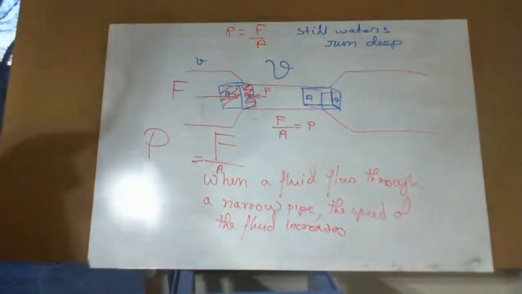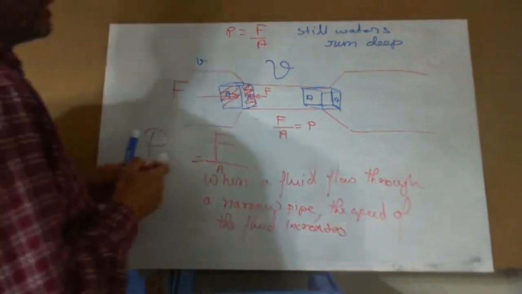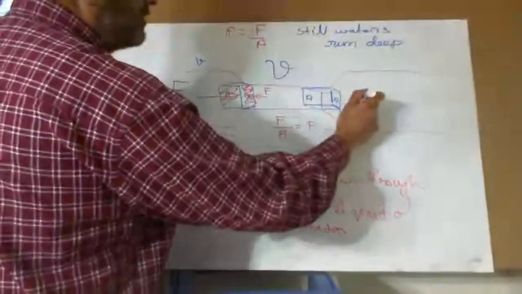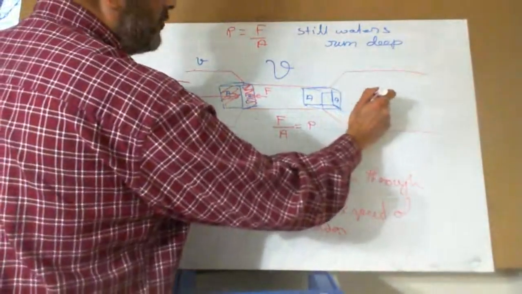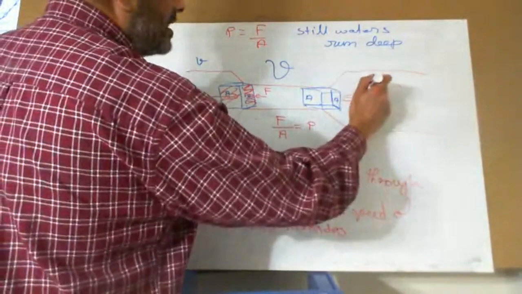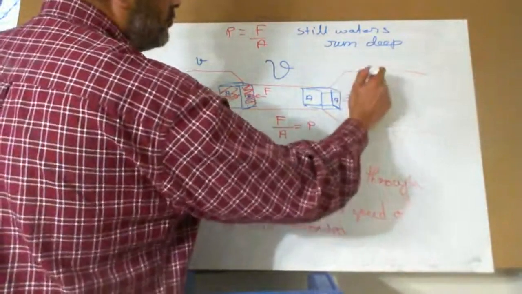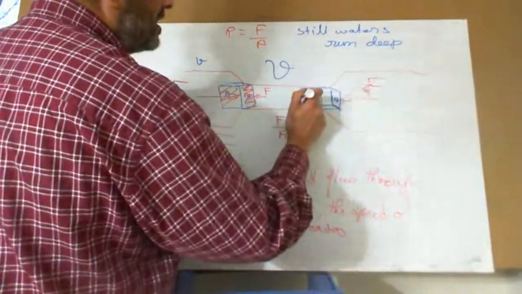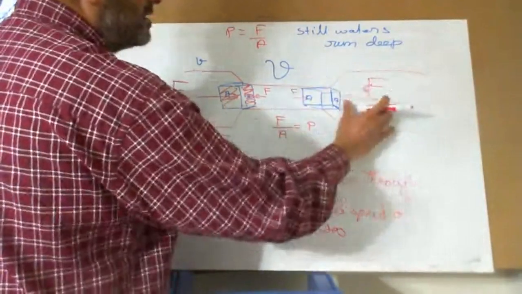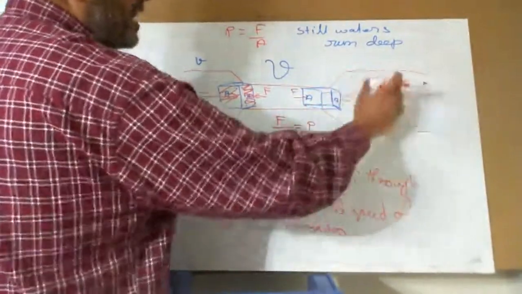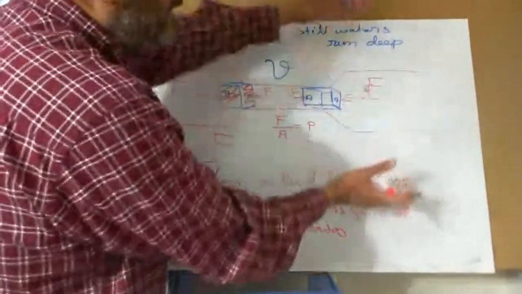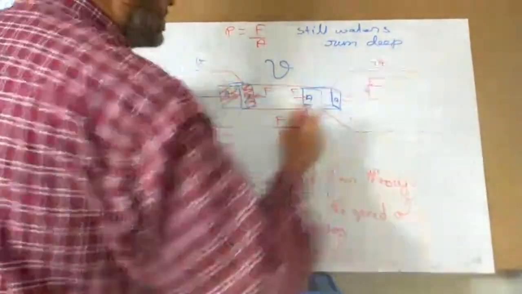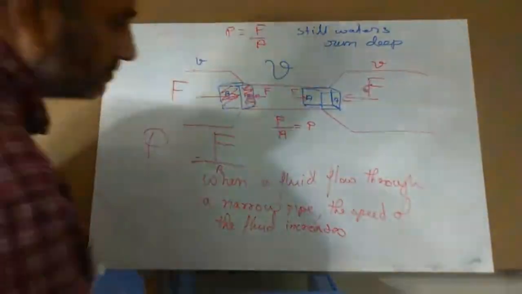So what do you have? You have the force here. Now it has to slow down. So the force here has to be larger to slow it down. The force here is smaller. To slow it down, the force here has to be larger because once the thing broadens out, the speed decreases. Okay, the speed gets smaller.